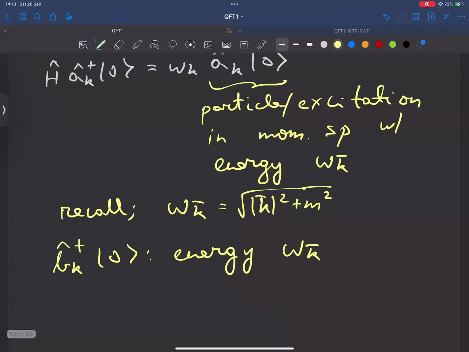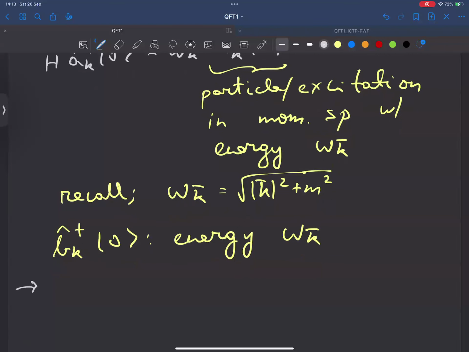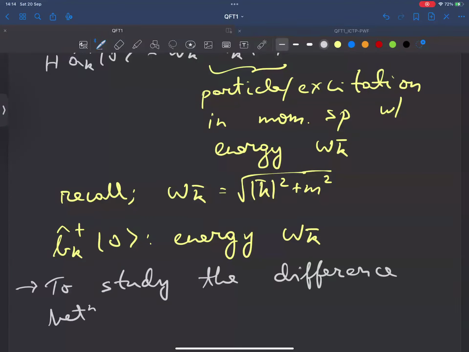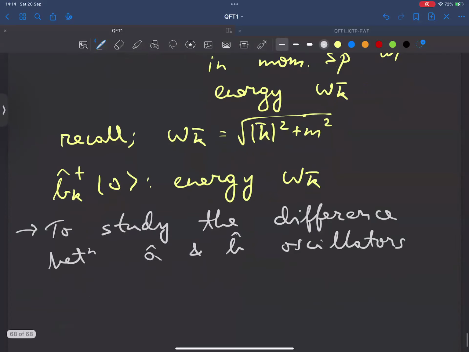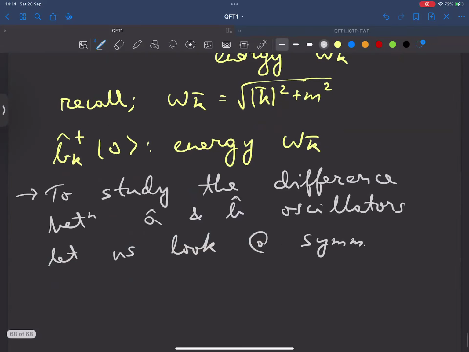Now let's understand the differences between the two kinds of oscillators, the a and b oscillators. For that, we need to understand the symmetries, which we already had seen.